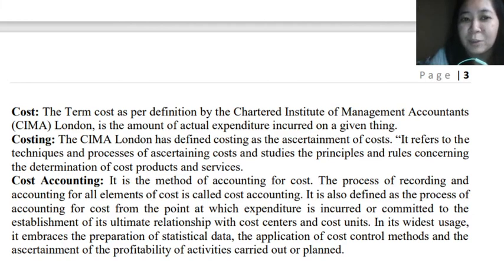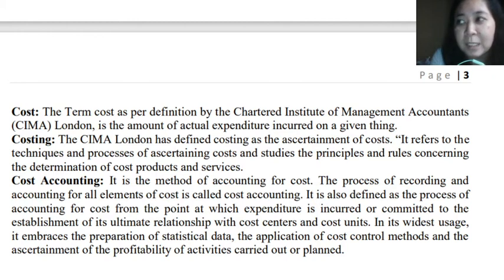What about cost accounting? When we say cost accounting, this is the method of accounting for cost. Accounting in this context means recording of the cost. So how do we record the cost in our books of accounts?